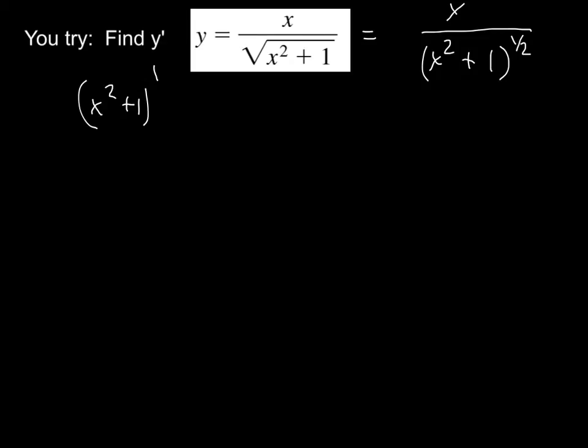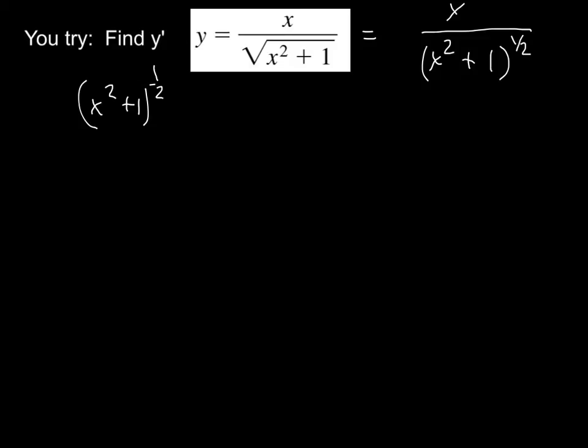So, low d high minus high d low over low low. Well, I need to rewrite this so it makes sense to me. So I'm going to rewrite it as x over x squared plus 1 to the power of 1/2. So, low is x squared plus 1 to the 1/2 power.